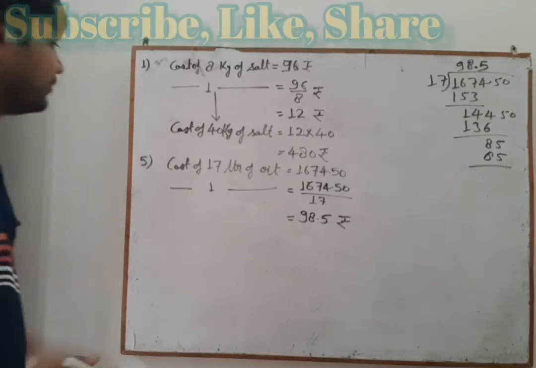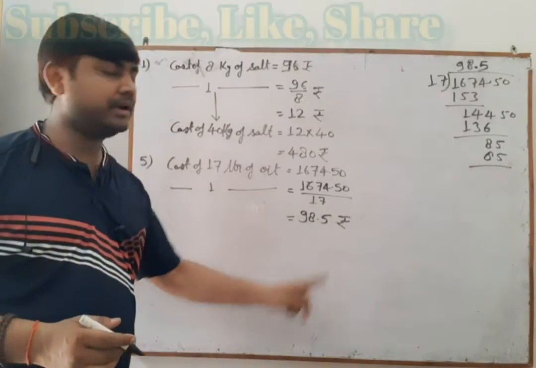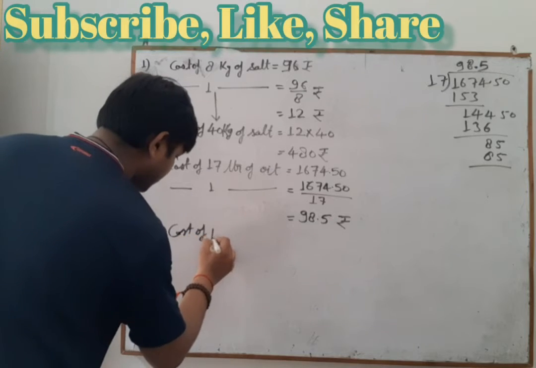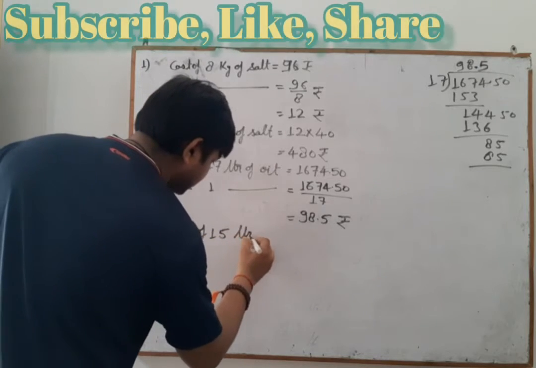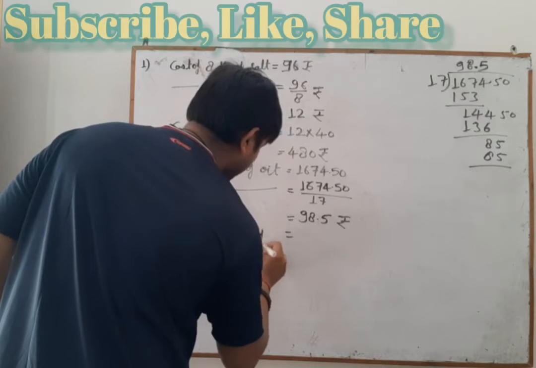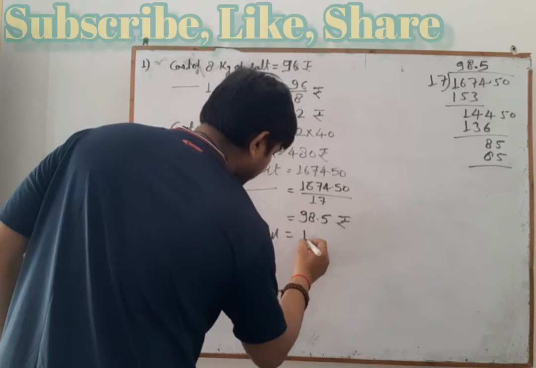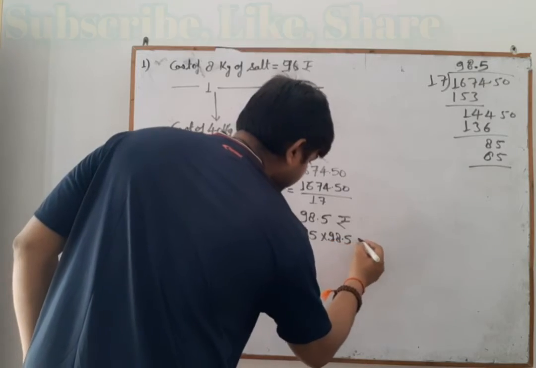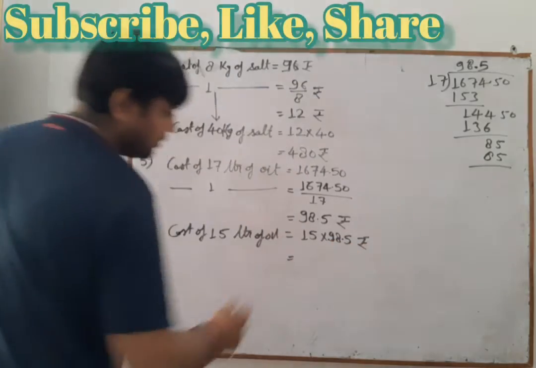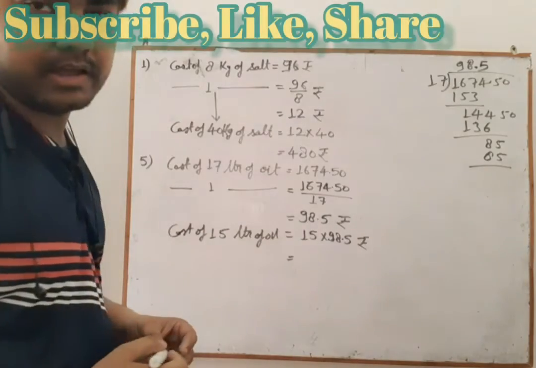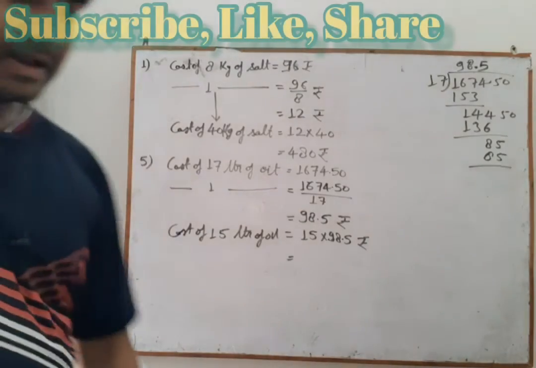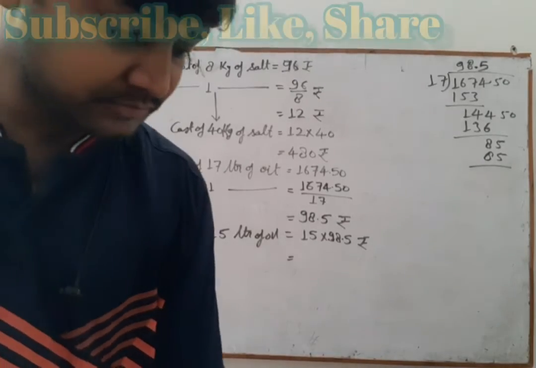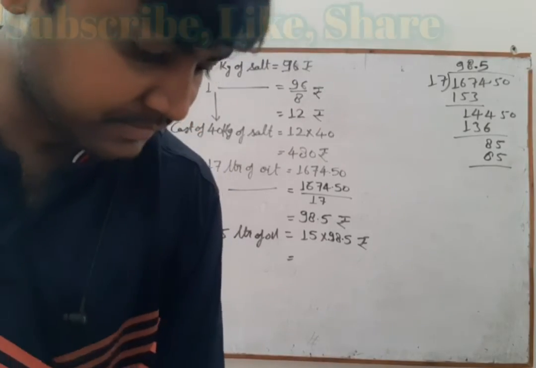The cost of 1 liter of oil is 98.5 rupees. Now the cost of 15 liters of oil is equal to 15 into 98.5 rupees. When we multiply both, we will get the answer. Please multiply this and you will find the answer. Now let's come to the next question.